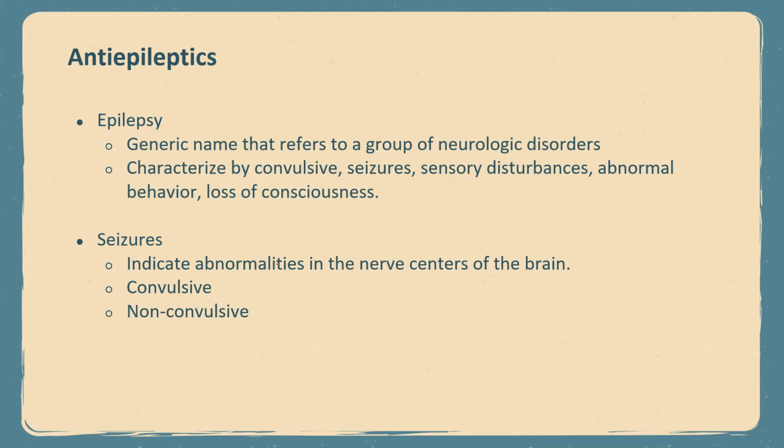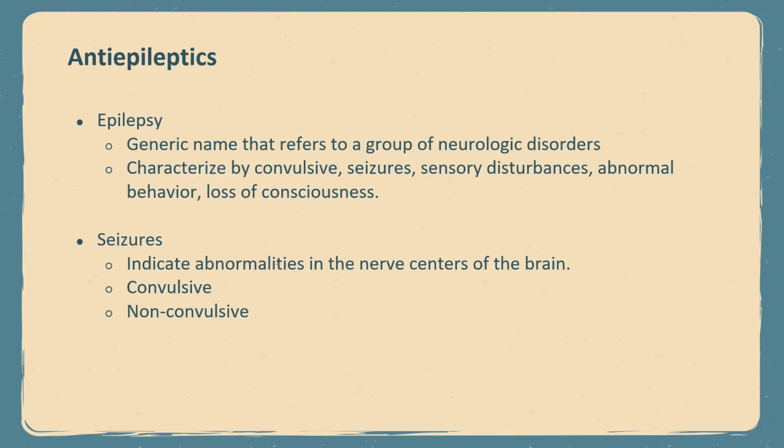Take note what I've said. It is a generic term for neurologic disorders characterized by recurrent, ibig sabihin, pwede siyang pabalik-balik na convulsive seizures, sensory disturbances, abnormal behavior, and loss of consciousness.